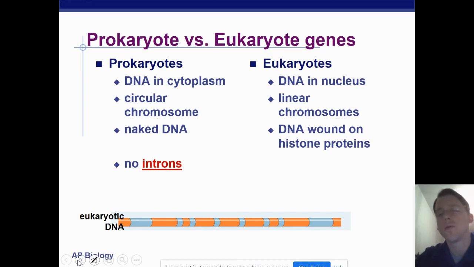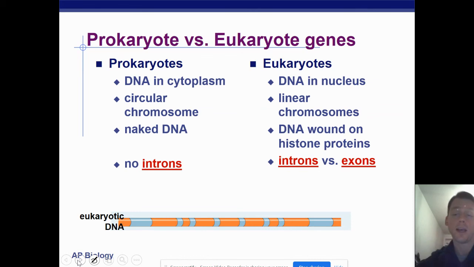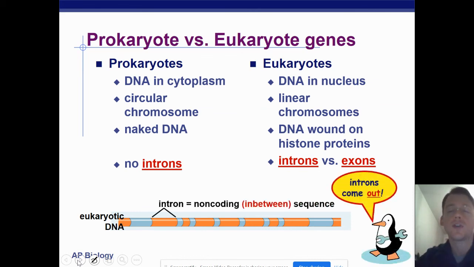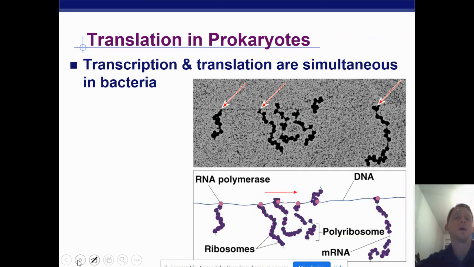Prokaryotes, there's no introns in a prokaryote, but there are introns in eukaryotes. Okay. So the introns have to come out in a eukaryote, but that's not going to happen in a prokaryote. So this actually makes transcription and translation much more simple in a prokaryote because these 2 things can happen simultaneously.